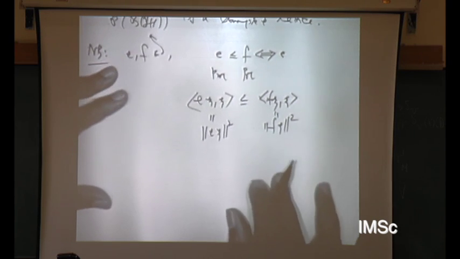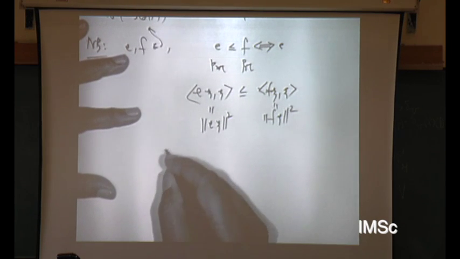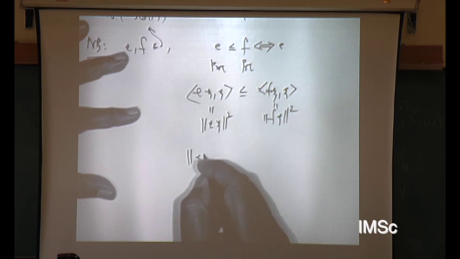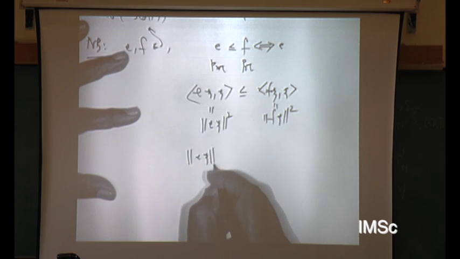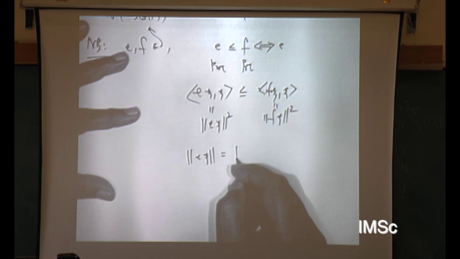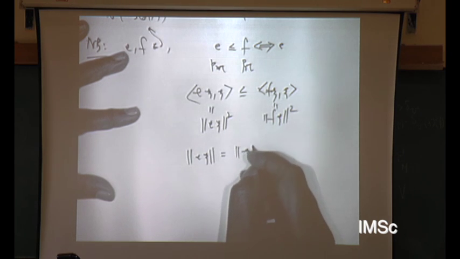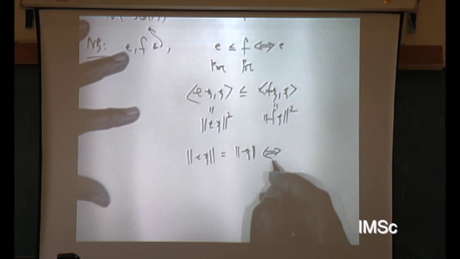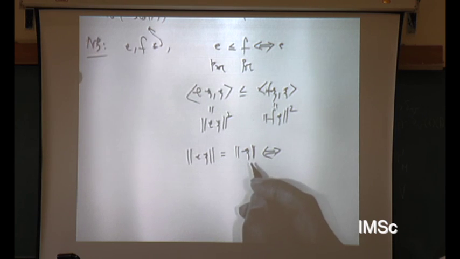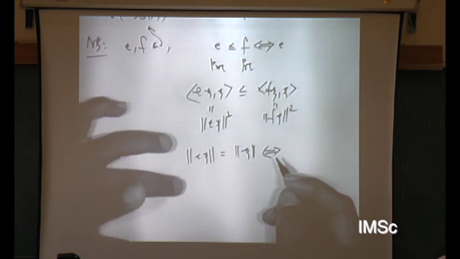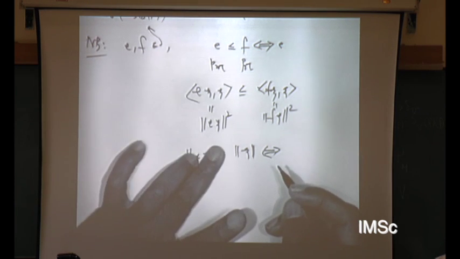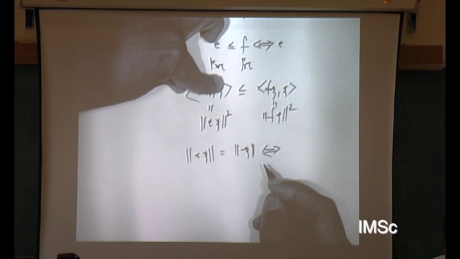right? And notice that norm E xi equals norm xi if and only if, so what does it say? Norm E xi squared equals norm xi squared. Norm E xi squared is the inner product of E xi with xi.